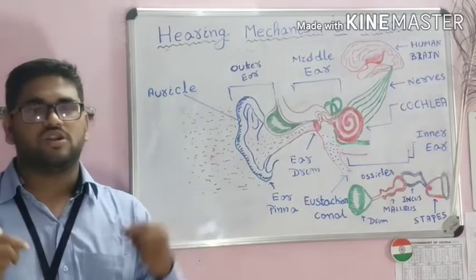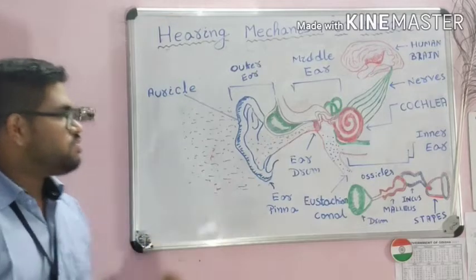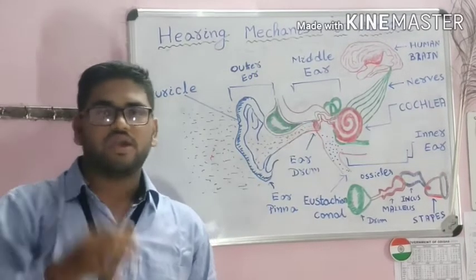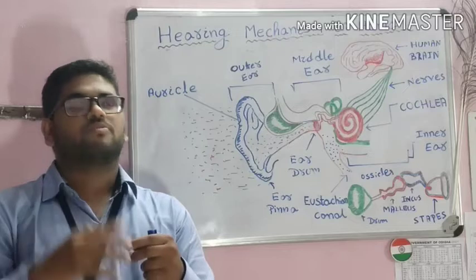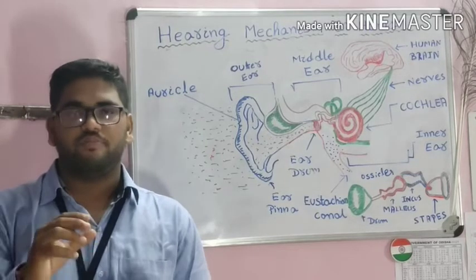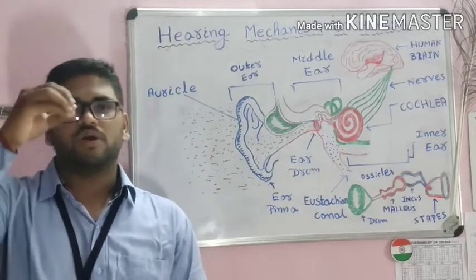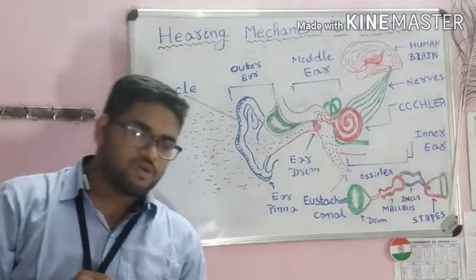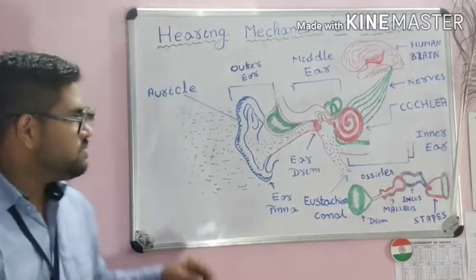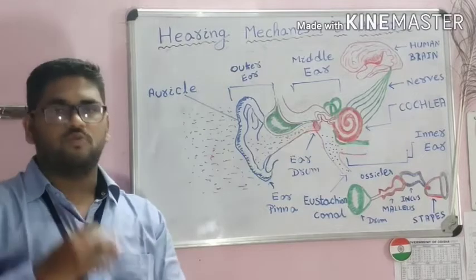Inside the auditory tract, they pass through, then after they reach the eardrum. What is the eardrum? You can make it at home also. You can cut a bottle from the two ends and put a rubber or balloon on one end and put some grain above it and shout from the other end. Then it will start vibrating. Similarly, this eardrum also vibrates.